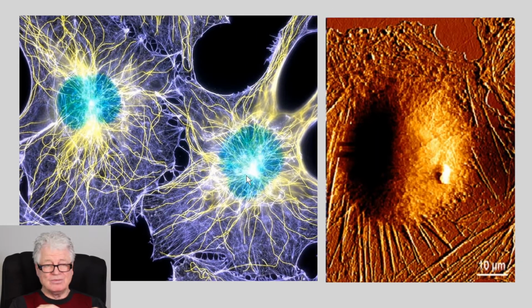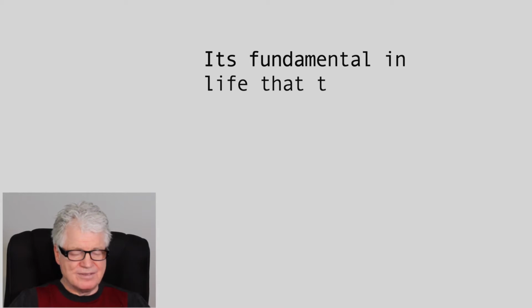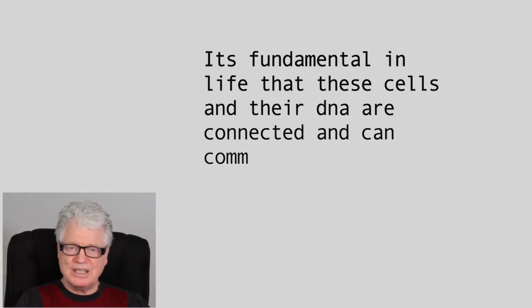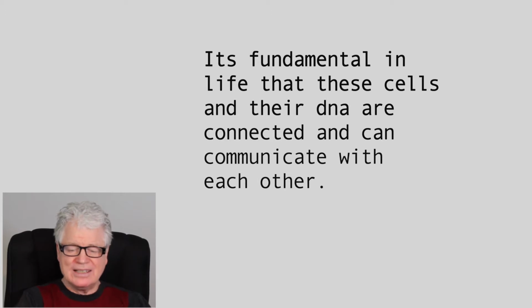What's fundamental about understanding how to interact with these cells is to understand that these cells and the DNA within need to communicate. It's all about communication. It's fundamental in life that these cells and their DNA are connected and can communicate with each other. And this communication is informational and it's energy. We look at it as energy.